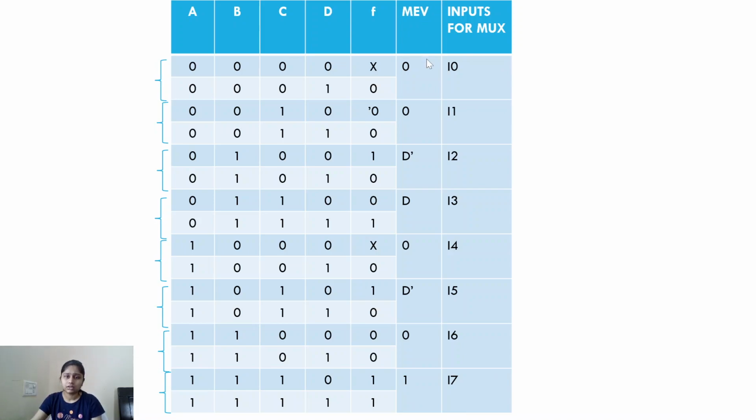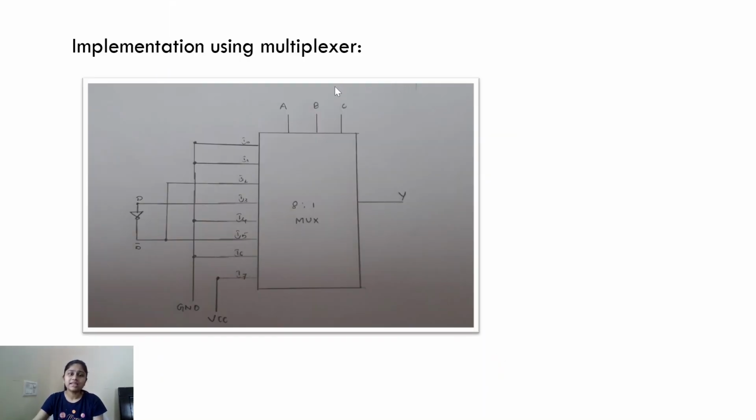Now the obtained map entered variable values can be taken as the inputs for multiplexer, which is I0, I1, I2, I3, I4, I5, I6, and I7. Here we can see the implementation of the given Boolean expression using multiplexer.